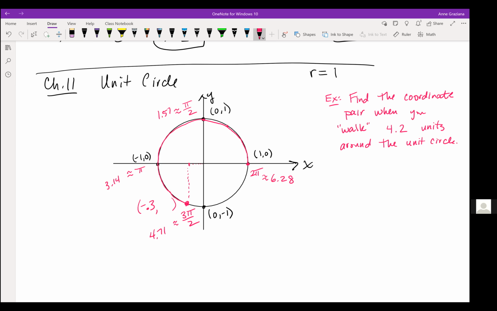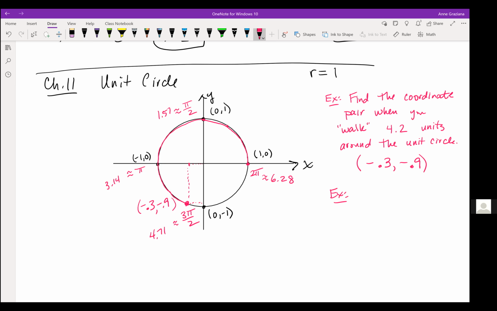And then the y coordinate would be, I think -0.9 according to my picture, but you could do -0.8 depending on where your point is, okay? So my coordinate pair here is about -0.3 and -0.9. Any questions on how we find those? Okay, everybody feel okay with that?